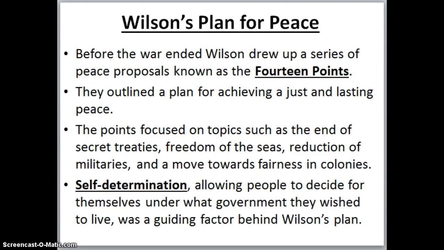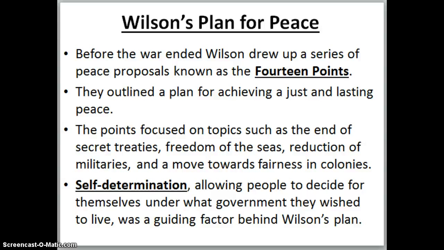All right, Wilson's plan for peace. So before the war had ended, Woodrow Wilson drew up a series of peace proposals known as the 14 Points. They outlined a plan for achieving a just and lasting peace.